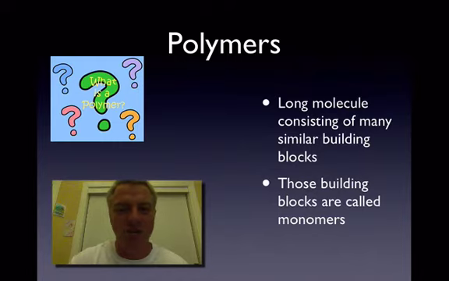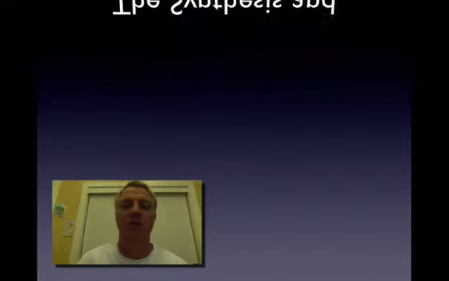Those are the single unit, whereas several of these single units added together form the polymer. We will talk about specific polymers and monomers in some of these different macromolecules.